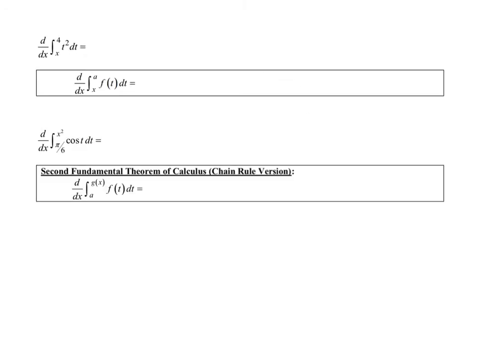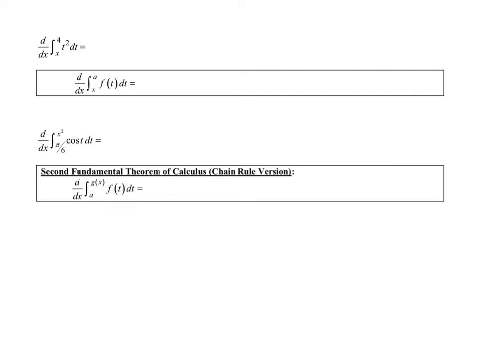Okay, on the next example, I notice that the variable bound this time is the lower bound, and that's not okay. We need that to actually be the upper bound in order to effectively use the second fundamental theorem of calculus. So we recall the properties of definite integrals that allow us to change the bounds.